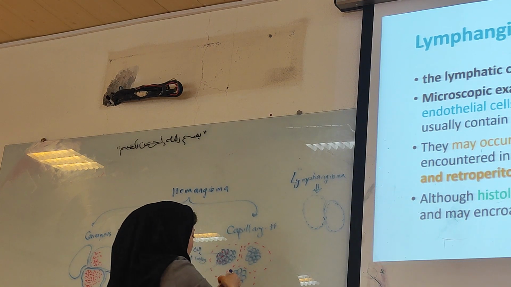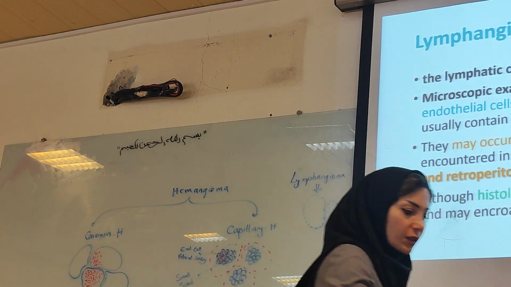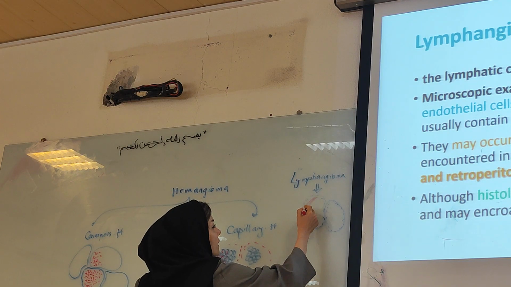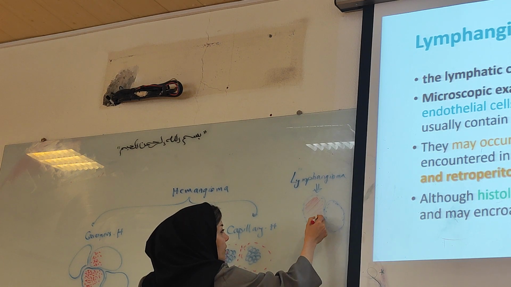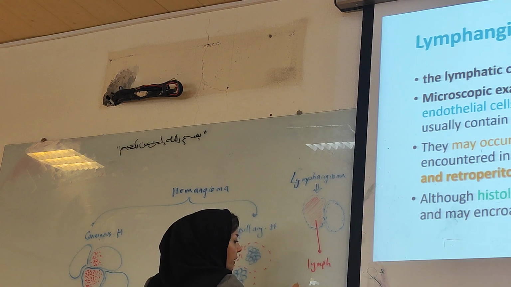In lymphangioma, you see a pale eosinophilic material that filled the vessels, the lymphatic vessels. It's so-called lymph. Pale eosinophilic material or substance.